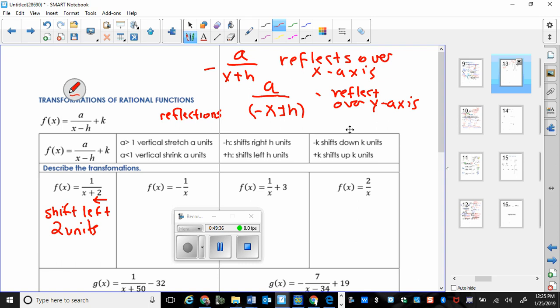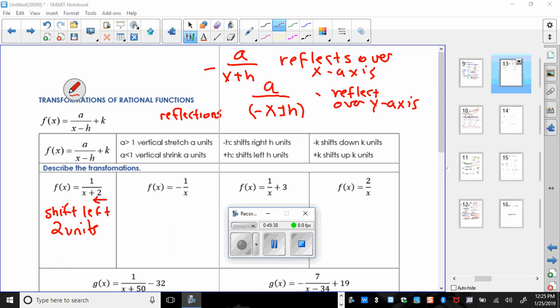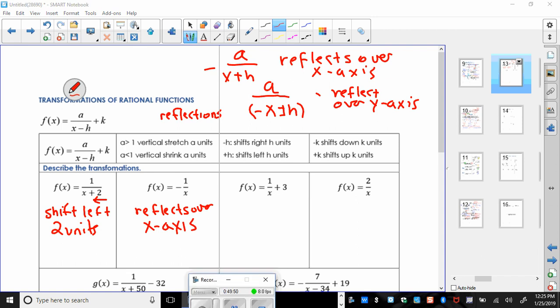That's my transformation. On the next one, there's a negative outside, so this reflects over the x-axis. Next, we shift up 3. Next, you vertically stretch by 2.